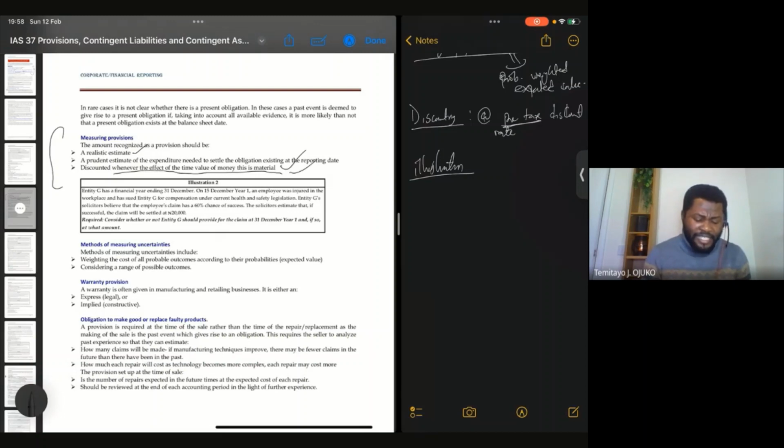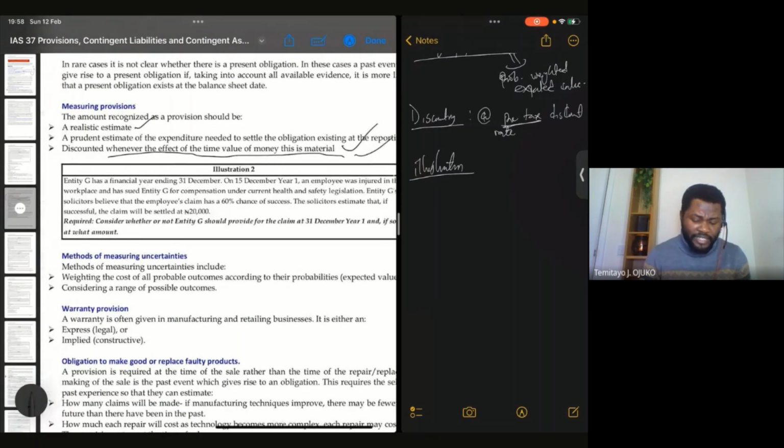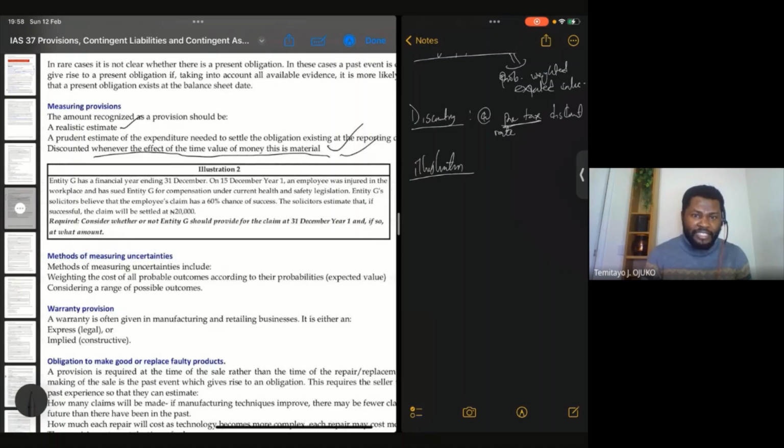First, Entity G has a financial year ending 31st December. An employee was injured in the workplace and sued Entity G under current health and safety legislation. Now, the first thing is, what has this current health and safety legislation to do with a present obligation?